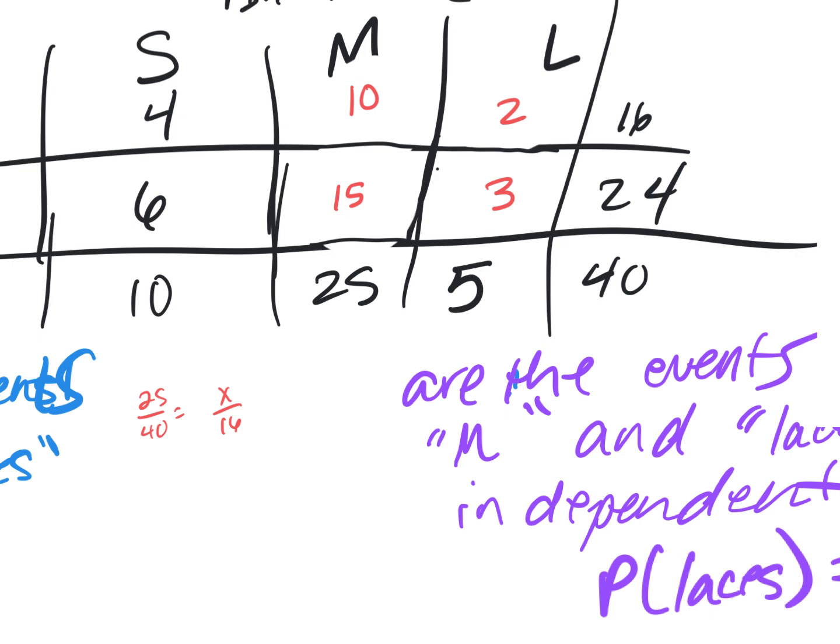Can we make a segmented bar graph of this to get a feel for what it might look like? They should all look the same. They'll have the same proportion of laces and no laces.